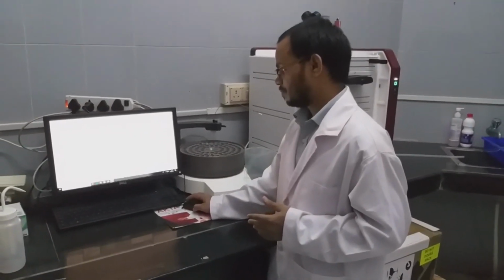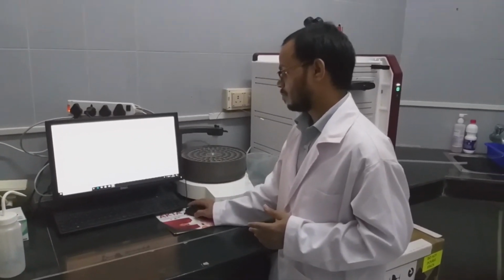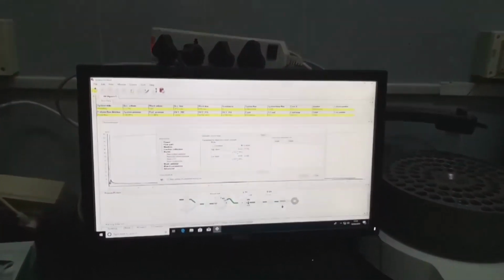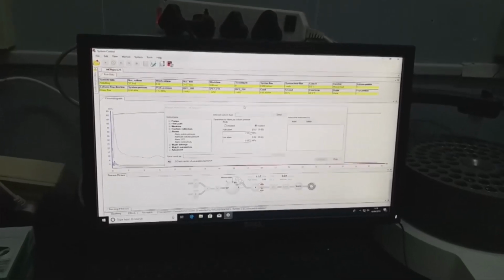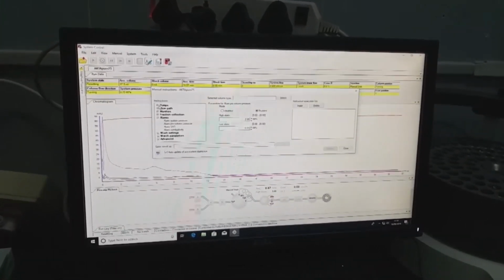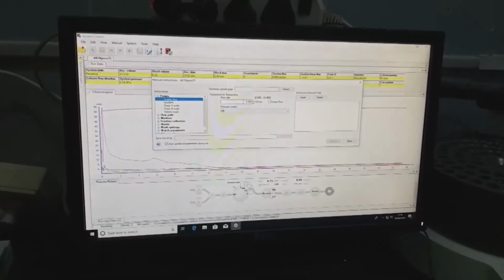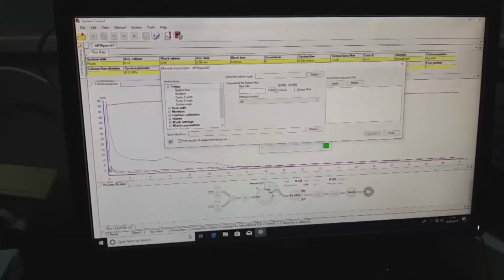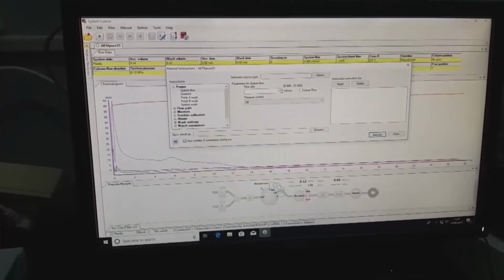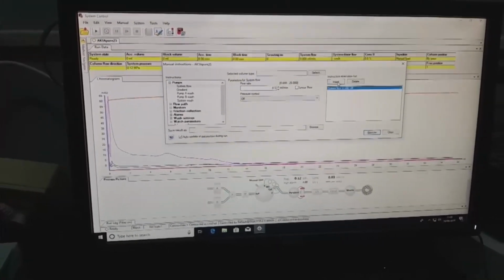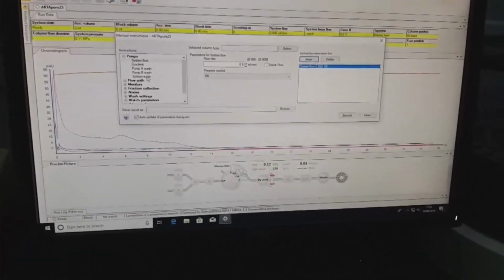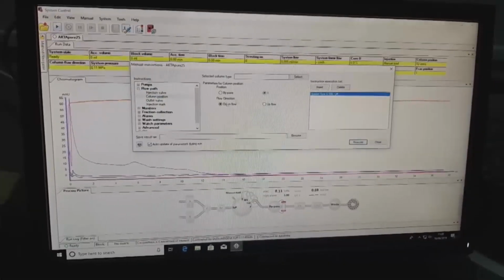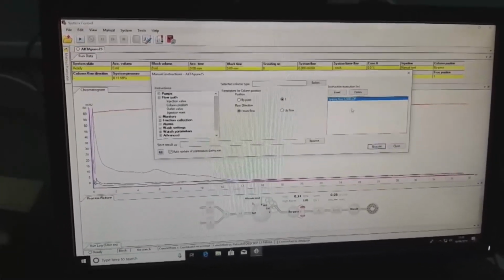So here we will end the program. We will start the new program. System flow will be 0.5 ml per minute. Insert flow path, column position at 1 and downward flow.